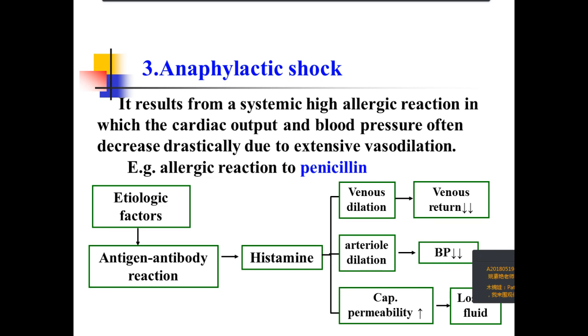Anaphylactic shock. Now, we have also learned that because of hypersensitivity and antibody reaction, kinin and 5-HT increase, so plasma moves out and vasodilation happens. Now it leads to ECBV decrease.